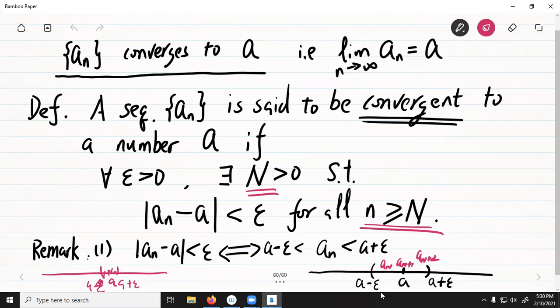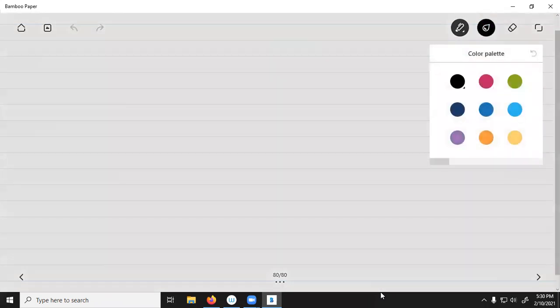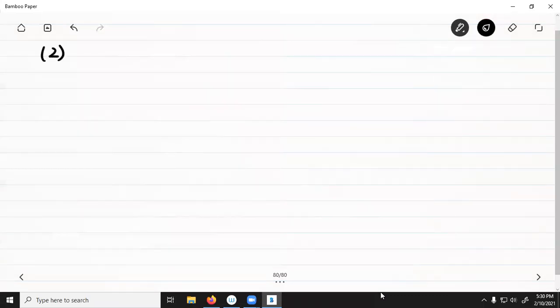The second remark says that if a sequence is convergent, it must converge to one number, not more. You cannot converge to more than one number.